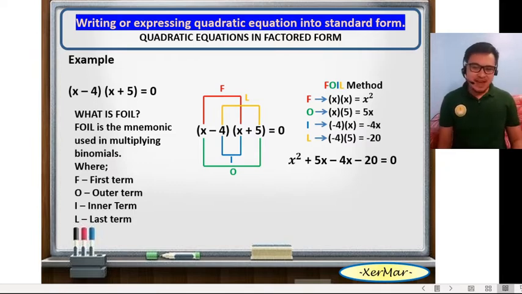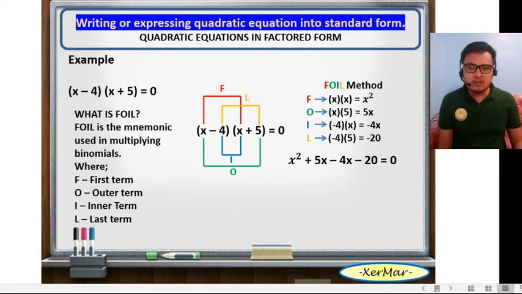What's next? We have to combine similar terms. In the equation, what are the similar terms? Pag sinabi natin similar terms, ito yung terms having the same variable, the same exponent, regardless of the numerical coefficients and the sign.